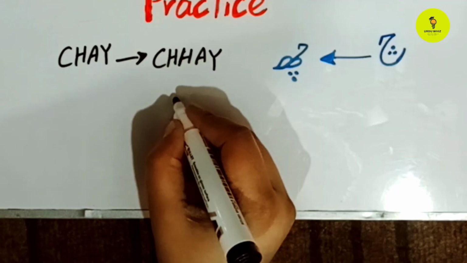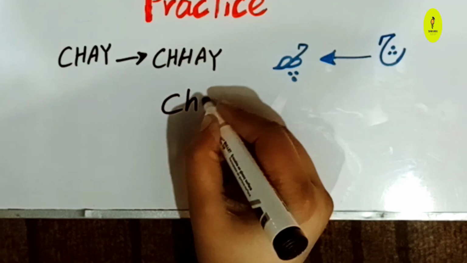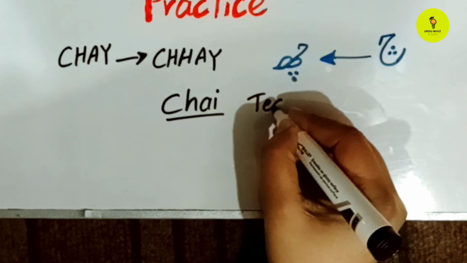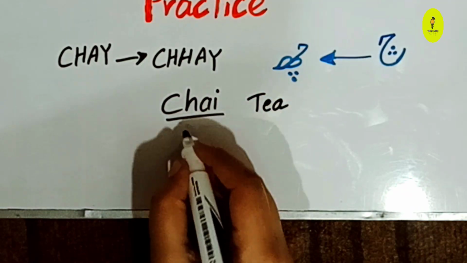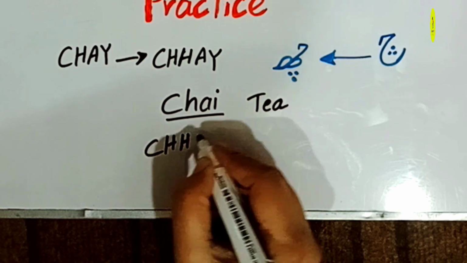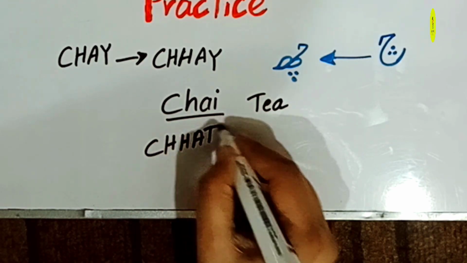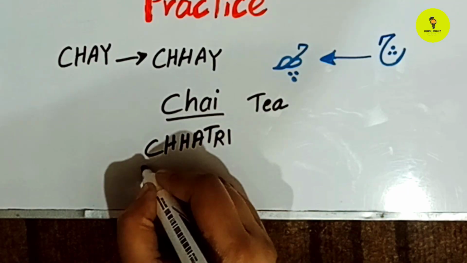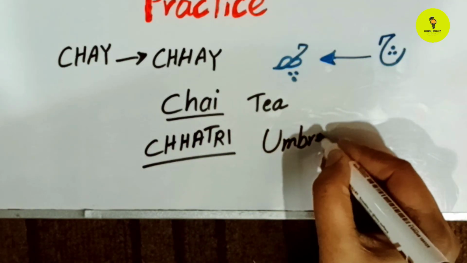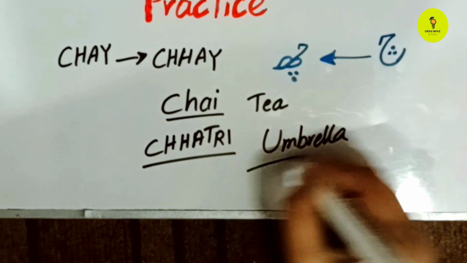The word CHAI means tea, and the word CHHATRI means umbrella.